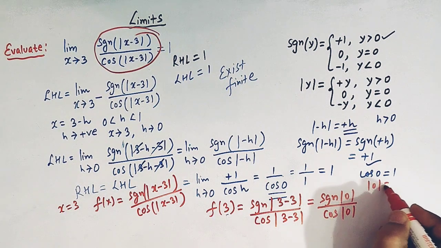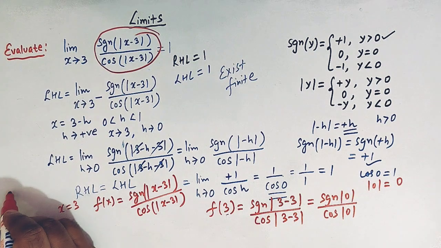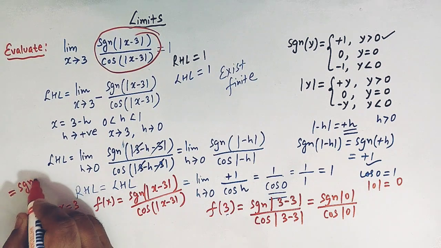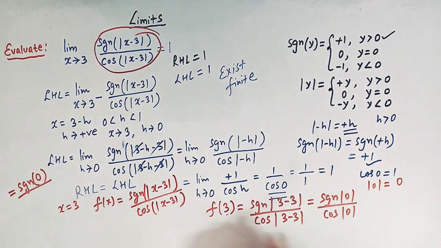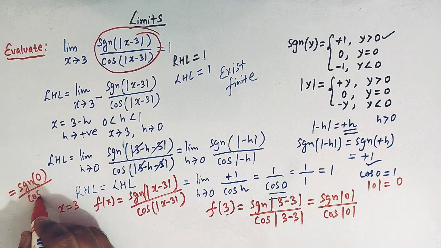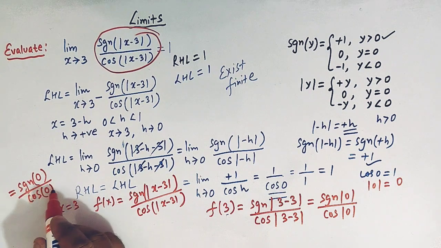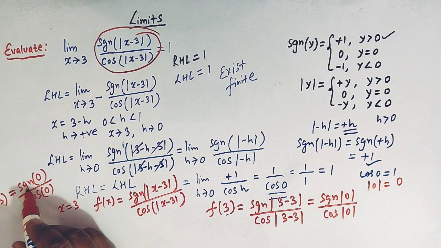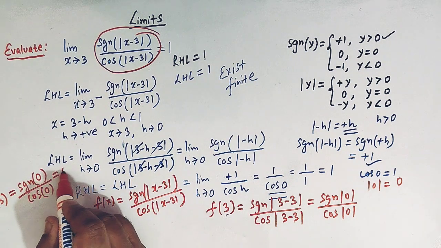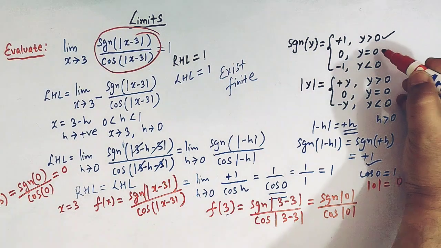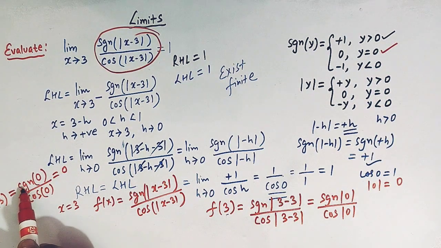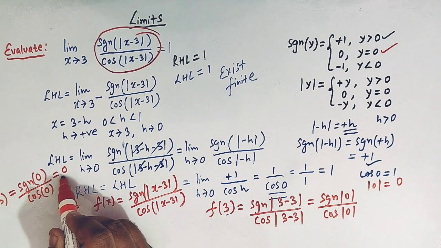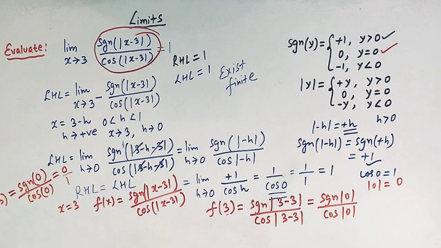Now mod of 0 is equal to 0. So now this expression is equal to signum of 0 divided by cosine of 0, right? And this is f of 3, and now signum of 0 is equal to 0, right? Due to this definition. So signum of 0 is equal to 0, and cosine of 0 is equal to 1, right?